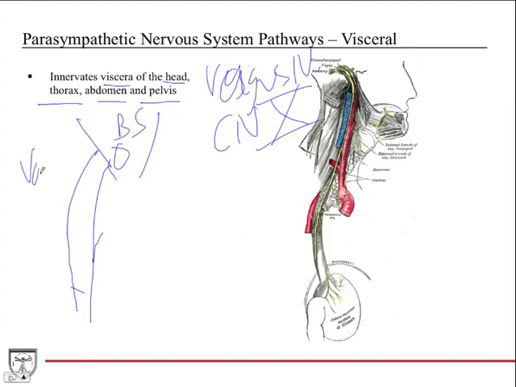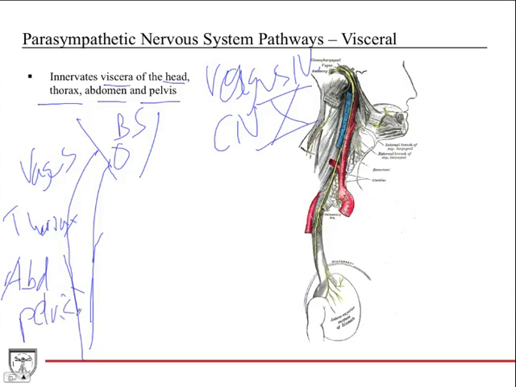This is our vagus. And then as it goes through these different divisions, thorax, abdomen, and then pelvis, it's giving off branches in all these different regions. What these axons do is they come down and follow along these branches, and then let's say you have a target organ here. It synapses in the wall of the target organ.